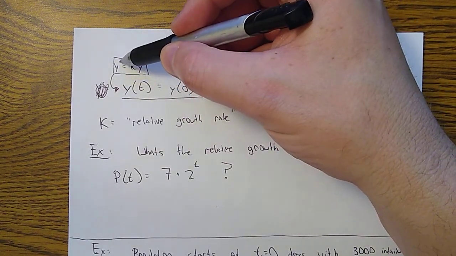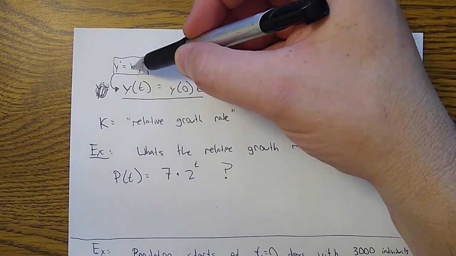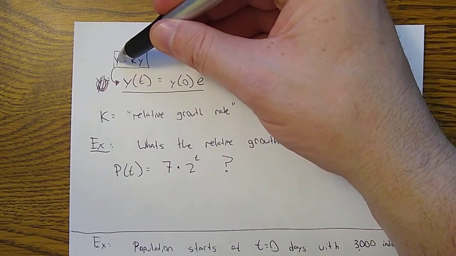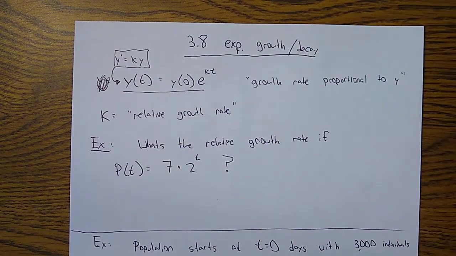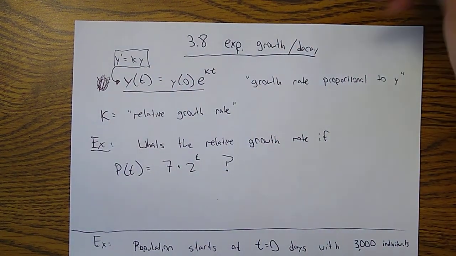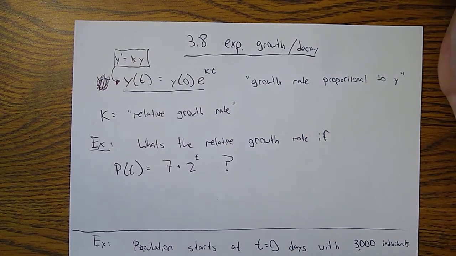This is the growth rate of y, and here is y, and k is like the proportion. So this is saying that the growth rate of y is proportional with y itself. And that leads you to this.